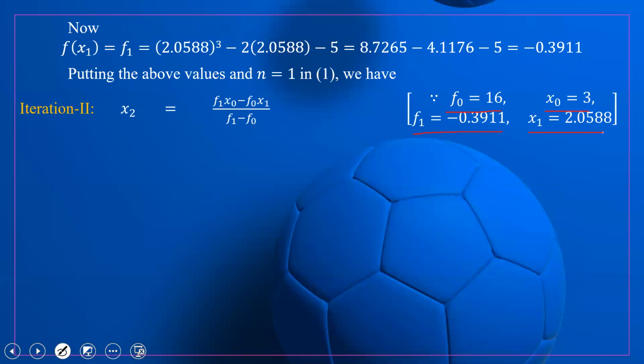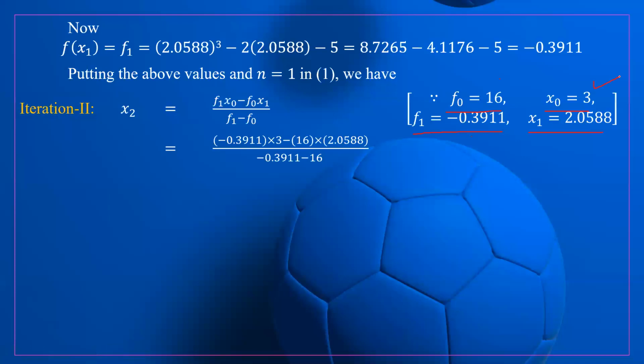So if we put all these values over here, f1 is negative, into x0 which is 3, then f0 is 16, then x1 is 2.0588, and then f1 minus f0, so minus 0.3911 minus 16.